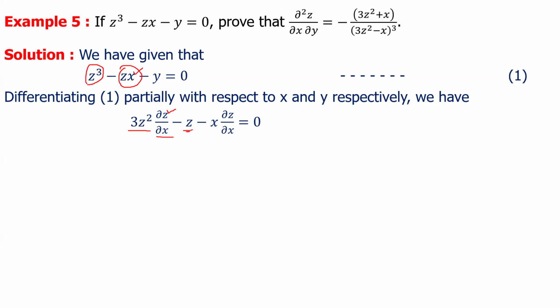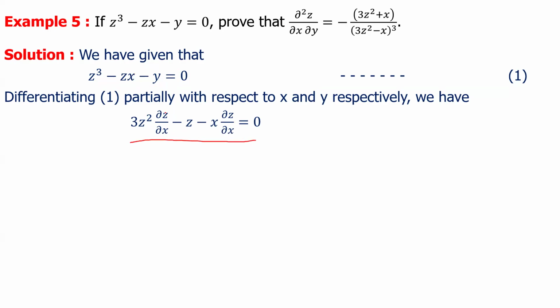So we have only z in the first term, minus, because it is already a minus sign. The derivative of z is del z del x and the second function x. So x into del z del x. And now what is the derivative of y with respect to x? Since x and y are independent, its value is 0. So this is the final expression.